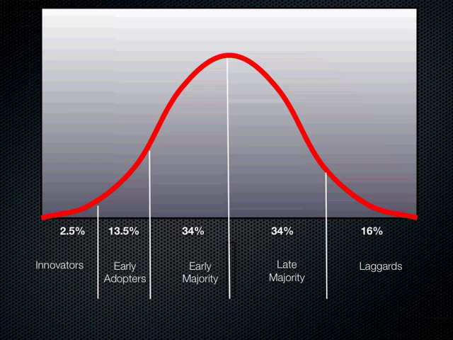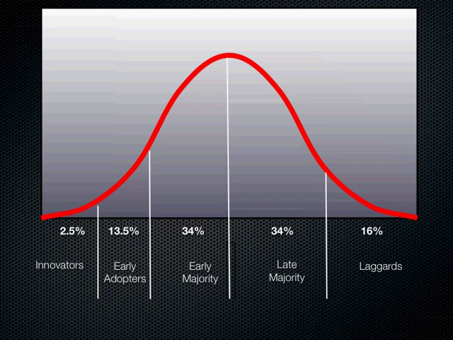The next two groups, the early and the late majority, comprise 68%, about 2/3 of our organization. While their characteristics tend to be pretty similar, we will target the early majority first with our product, with information that came from the early rollout with the innovators and early adopters.